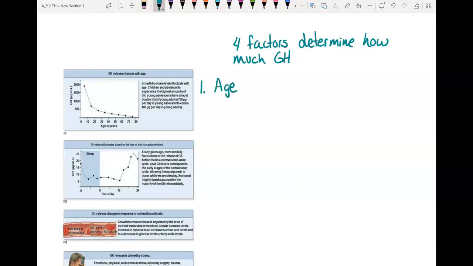This is pretty obvious. Kids grow. Adults are done growing. Remember in chapter 7, you learned that the epiphyseal plate closes at the end of puberty and you don't grow anymore. So here you can see it's very high in children and then it drops. Once you get to be an adult, your growth hormone level drops with age. So it is highest in children because children grow.